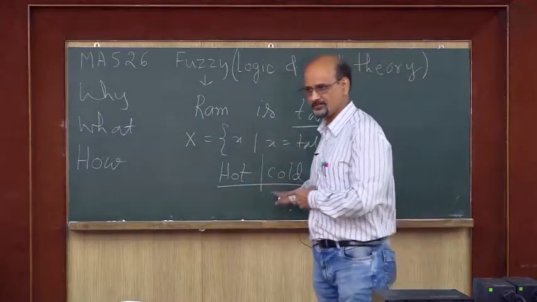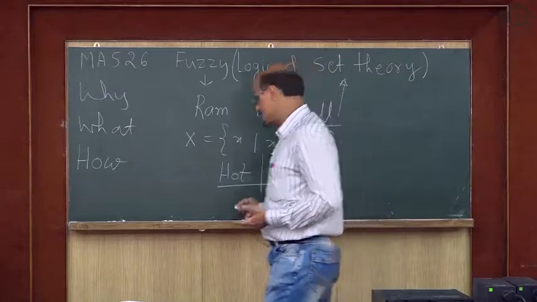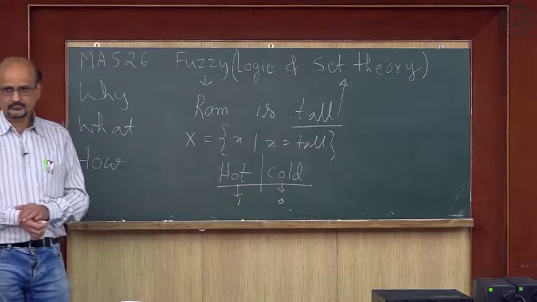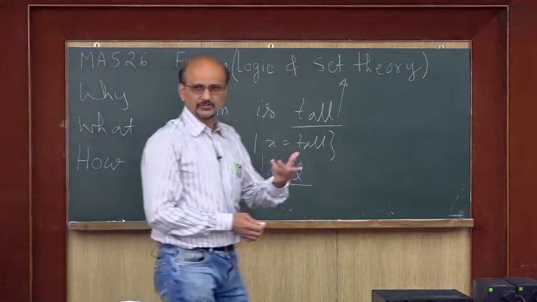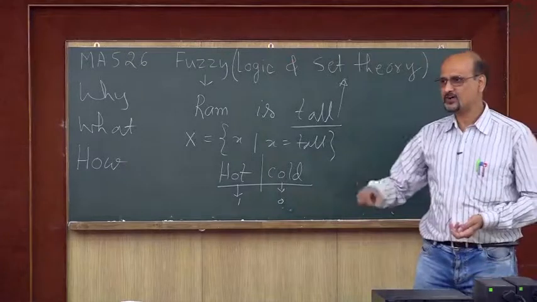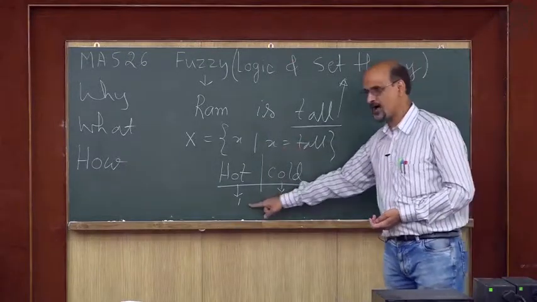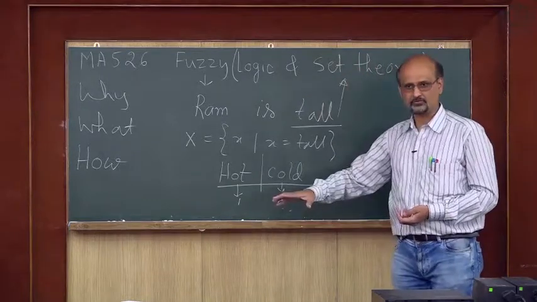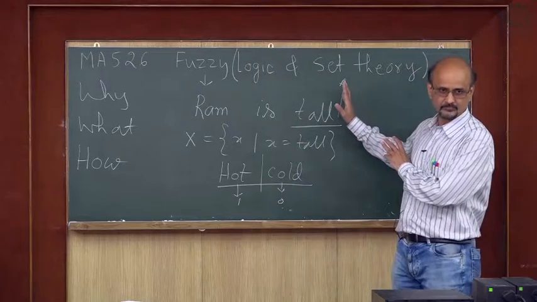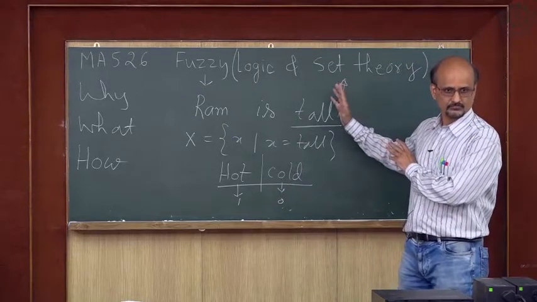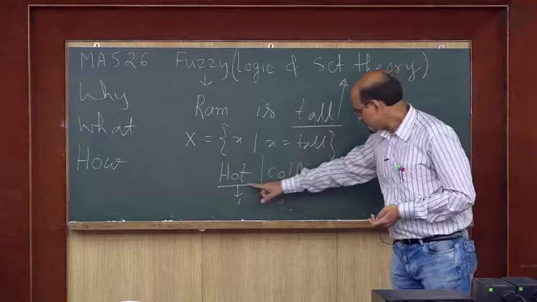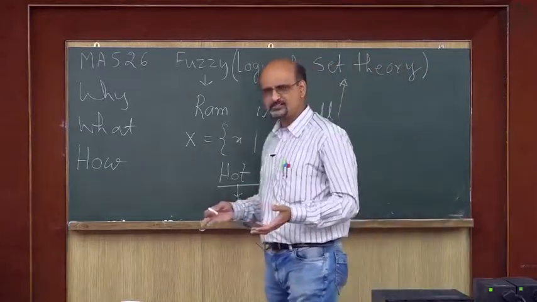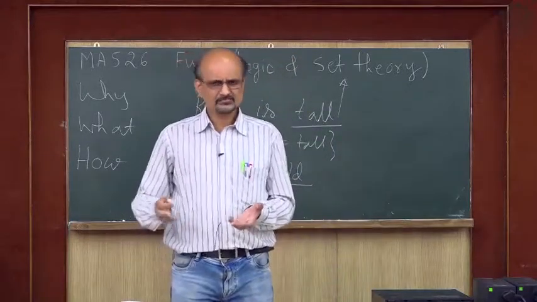That means if I designate hot as 1 and cold as 0, whatever answer you are giving is binary, either yes or no. If your yes is 1, no is 0. That means whatever set theory you have read till now is a binary system. Understood? 1 or 0. Okay? But I may say no, this is not hot, this is less hot.